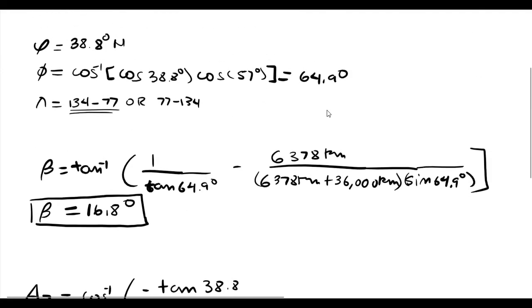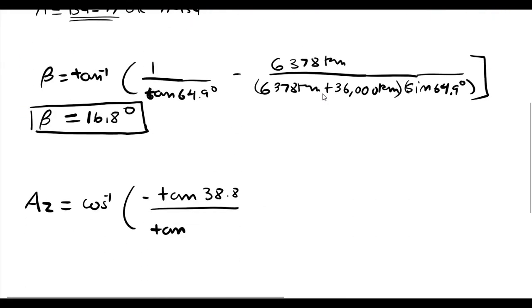Tangent phi natin ay 64.9 degrees. So, negative tangent 38.8 over 64.9.